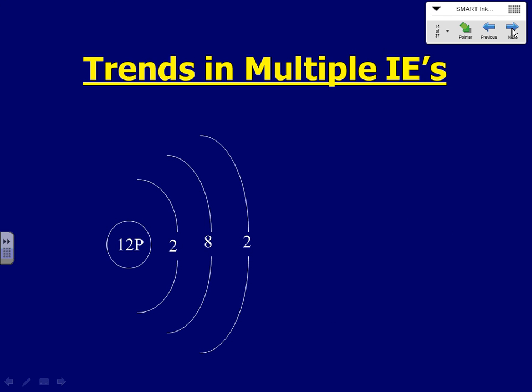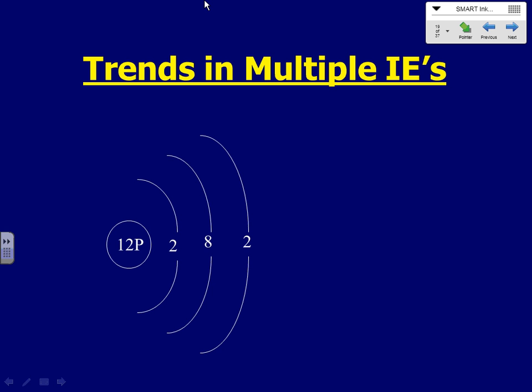Okay, let's now talk about multiple ionization energies. Now, ionization energy, pluck one away.